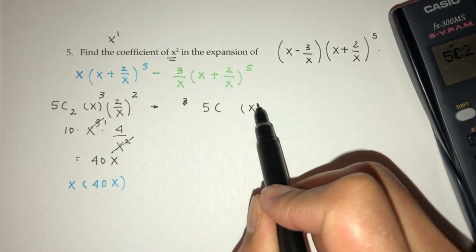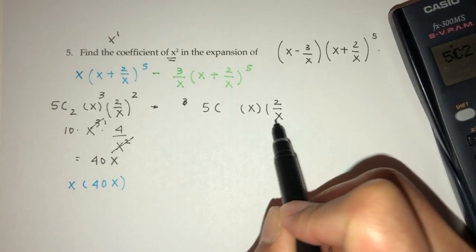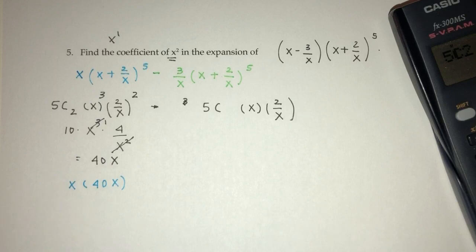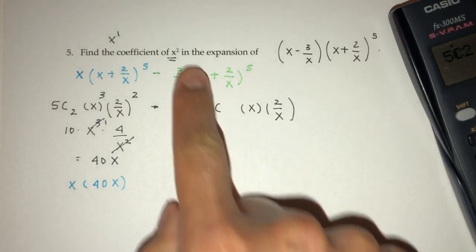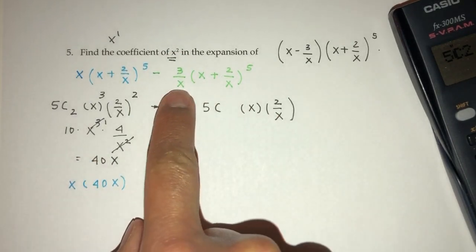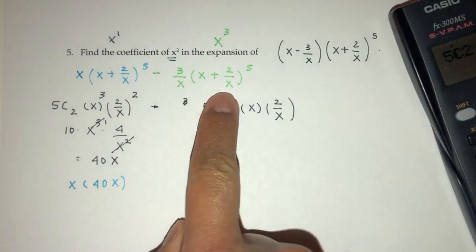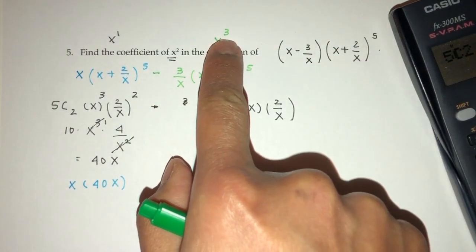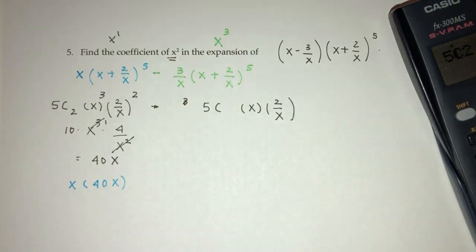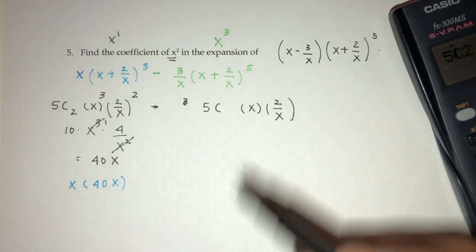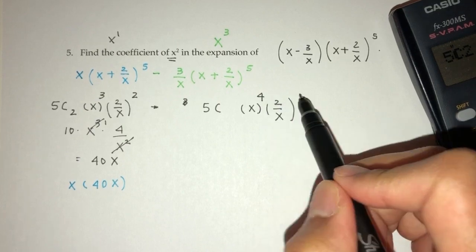We have the term x, and then 2 over x. Now, for us to get something in x squared, we need to find something in terms of x power 3 on the inside. So when you multiply this by this, something will be in x squared. So let's see. So we need this to be 4 here. So it can be 1.